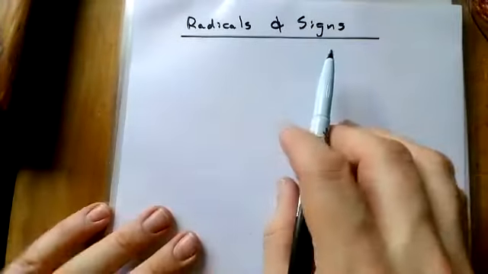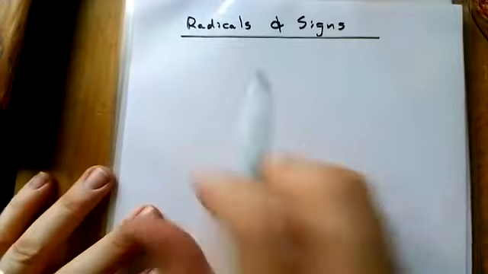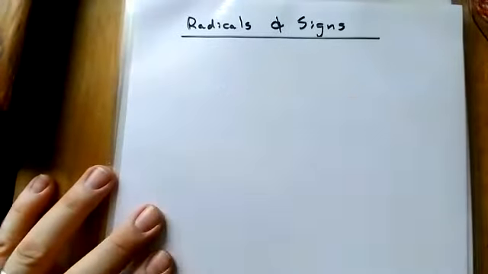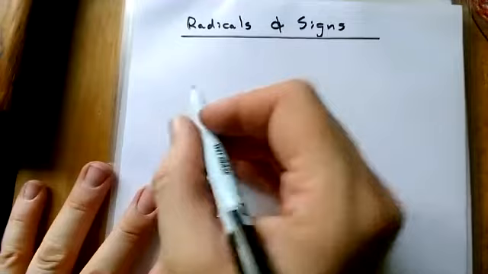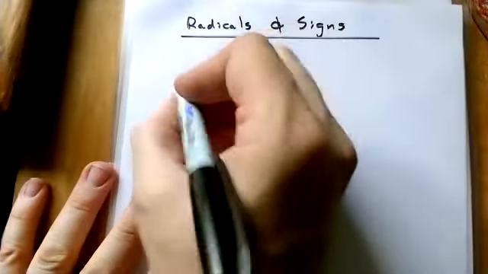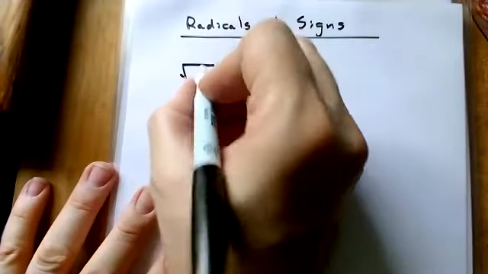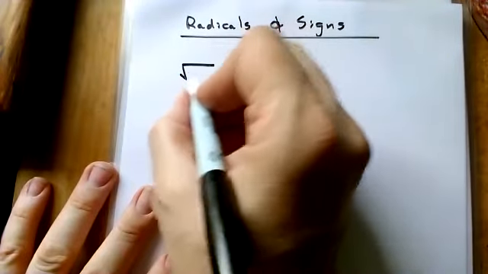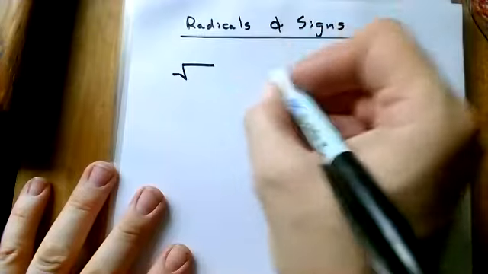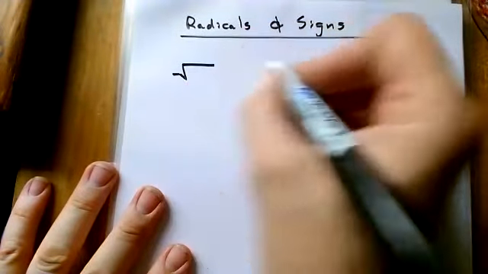So I'm going to talk for a moment about radicals and signs. And when we talk about radicals and signs, there's a couple important things to note. You can take the square root of any positive number. So you can take the square root of anything positive.